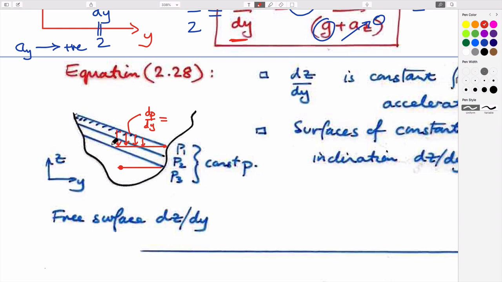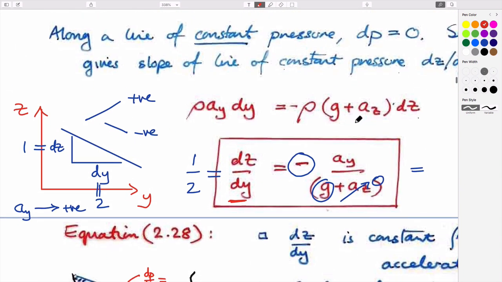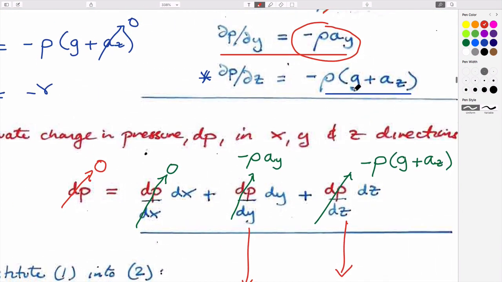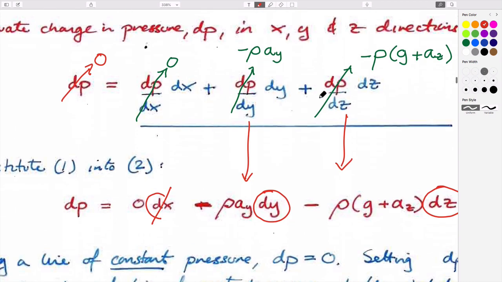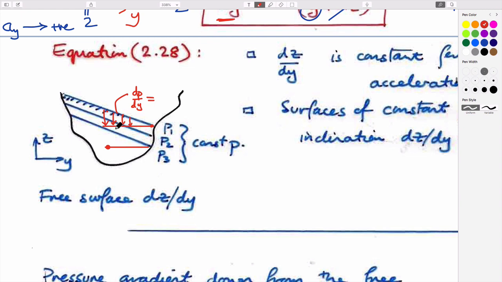So long as you're not accelerating vertically, then this is always going to be 0, and as you go down within the fluid, the pressure is just going to change, same as if it was a static fluid. And so the manifestation that fluid pressures would change horizontally is really a manifestation of the fact that this surface is inclined.